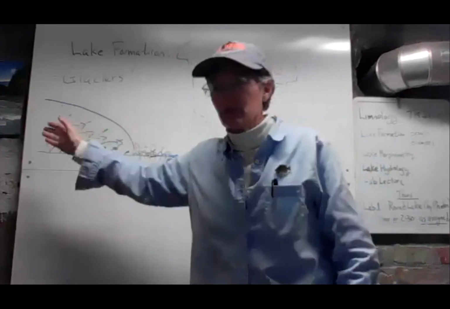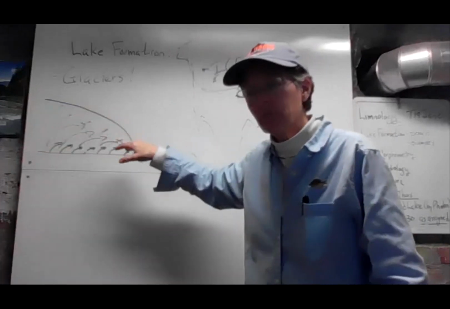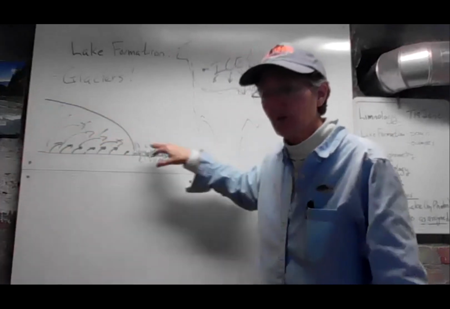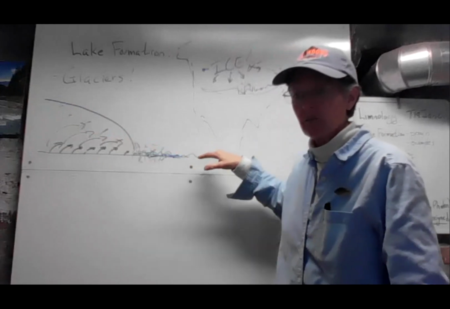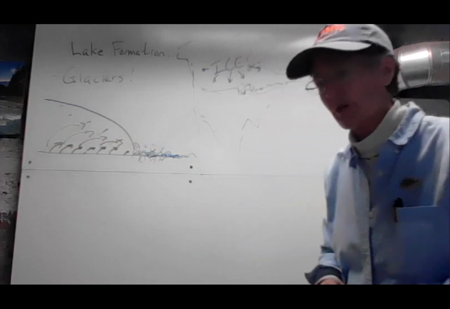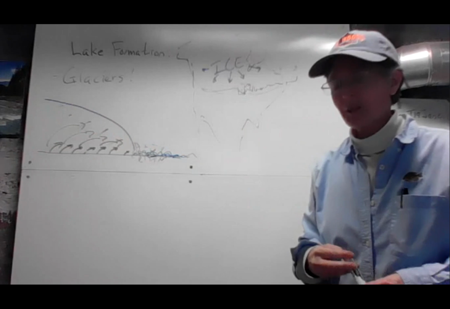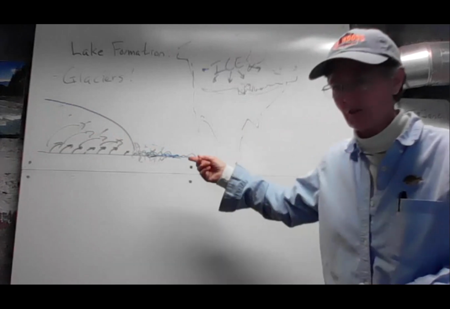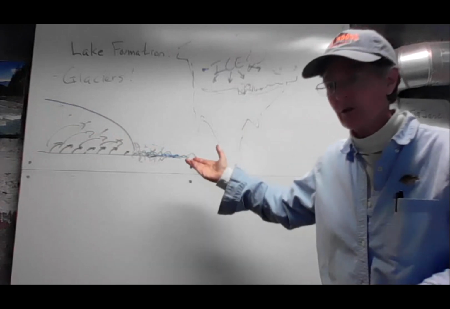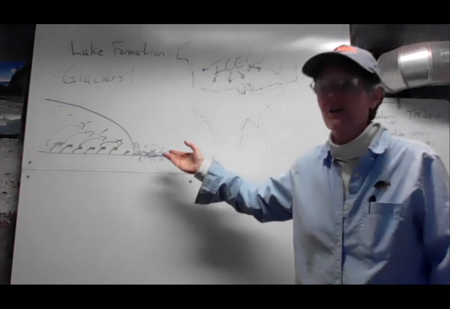If the glacier retreats rapidly, there might be very little. If it stays in one place, retreats a little bit, you might get a lake in front of it. So the glaciers can create all kinds of features on the surface of the land. And if you go around Minnesota, a lot of the topography you see is a record of where the glacier was, how long it was there, how long it stayed there melting.